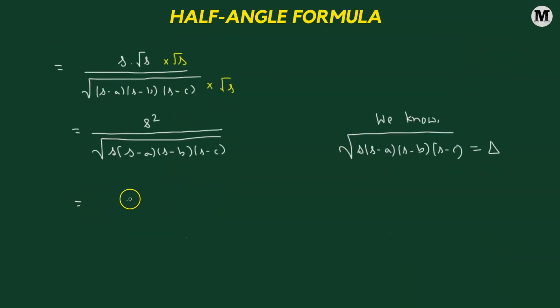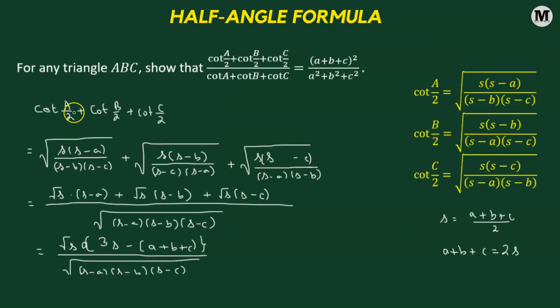So that means we now have S squared over delta. So this is the expression for cotangent of A over 2 plus cotangent of B over 2 plus cotangent of C over 2. We're going to keep this aside.